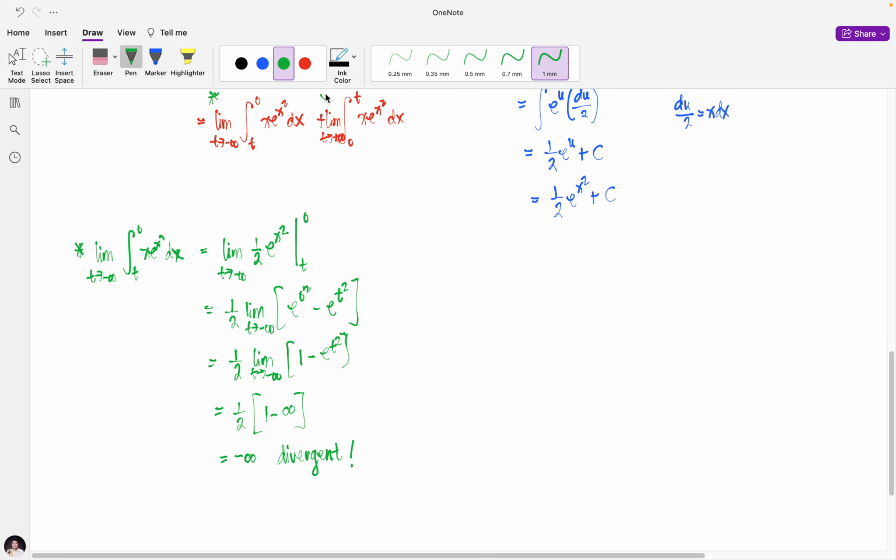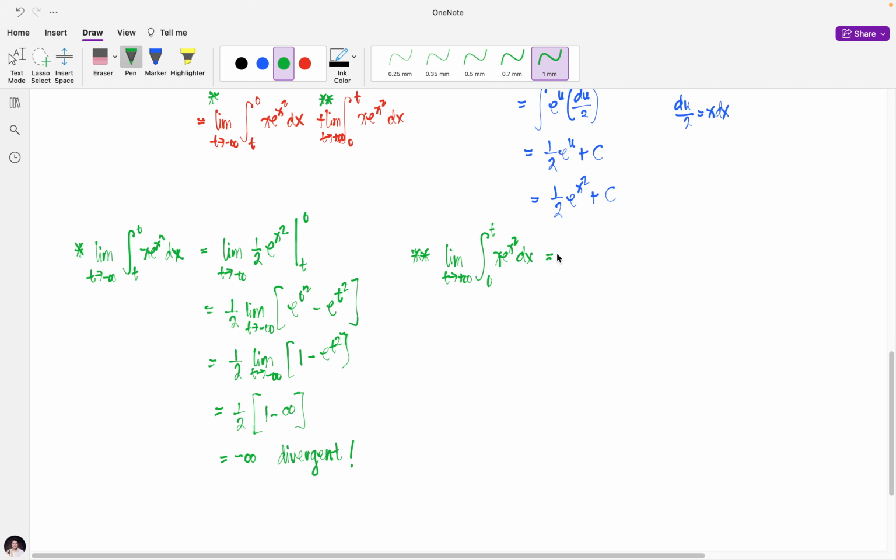So the second term, ito, the second asterisk, so we have the limit of the integral of x e raised to x squared dx from 0 to t as t approaches positive infinity.